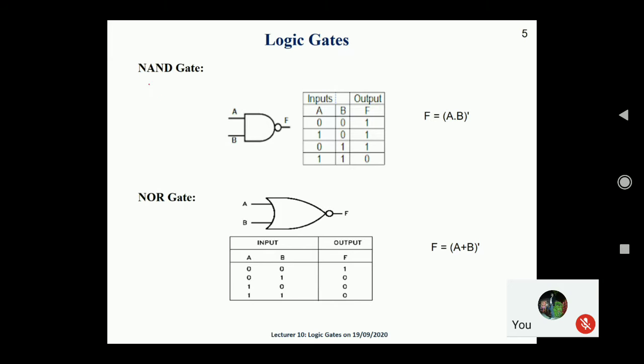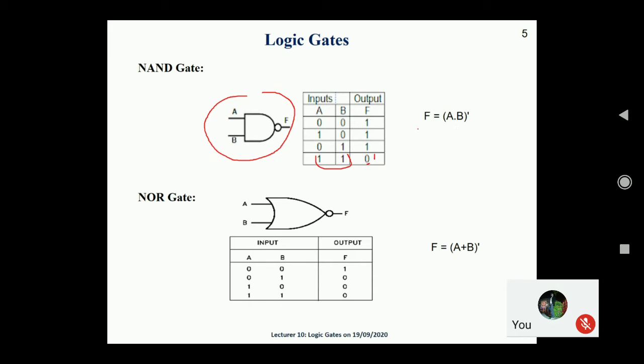Next one is called the NAND gate. This is the logical symbol of the NAND gate. See here, when both the inputs are 1, the output is 0. That is the special property of NAND gates. If both inputs are 1 1, the output is always 0, otherwise all the outputs are 1.